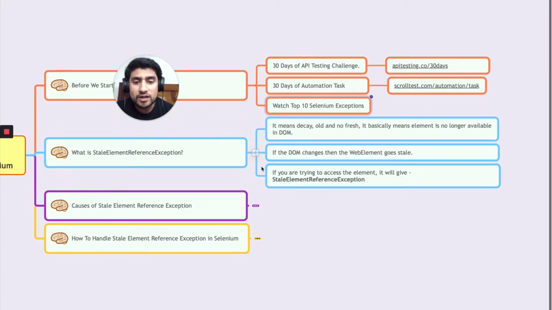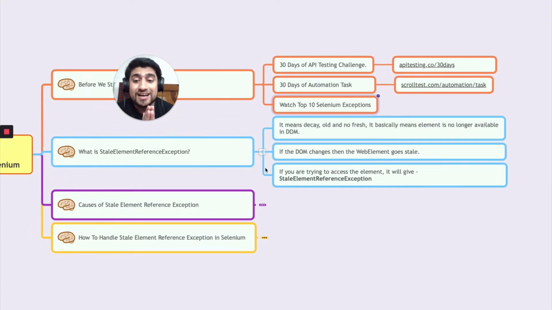So first of all, let's see what actually the stale element reference exception is. Stale basically means decayed or old, not fresh. It means the element is no longer available in the DOM.